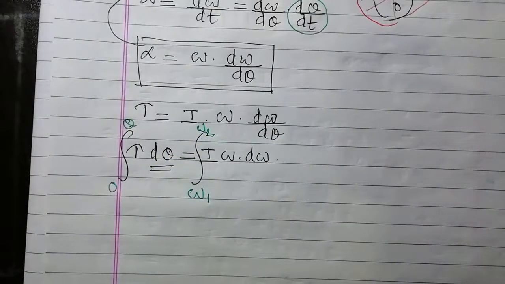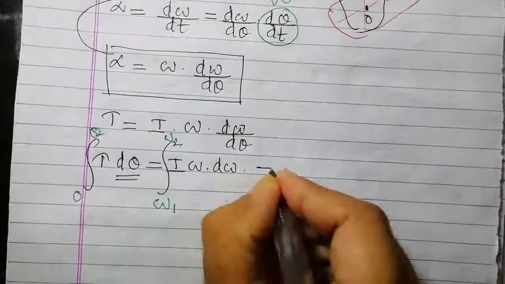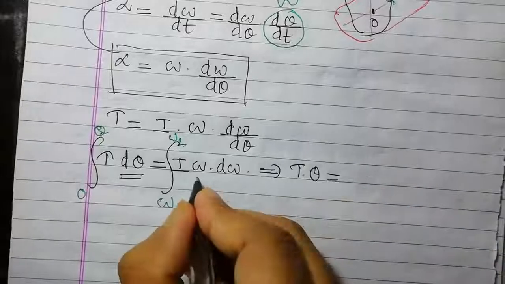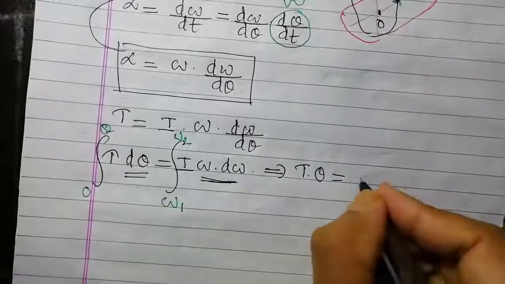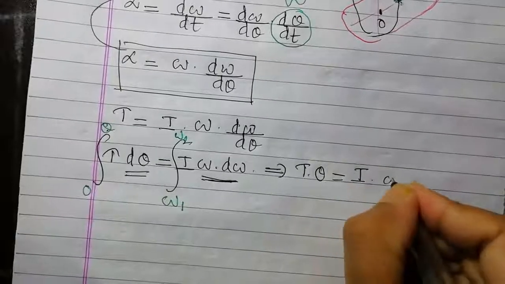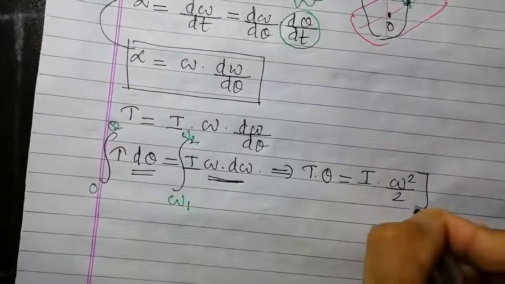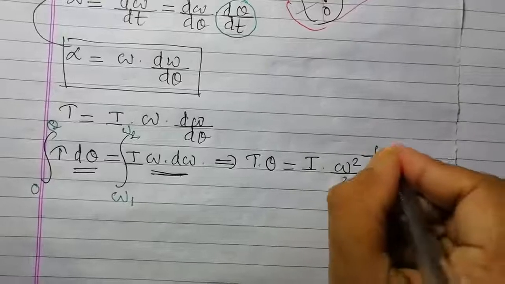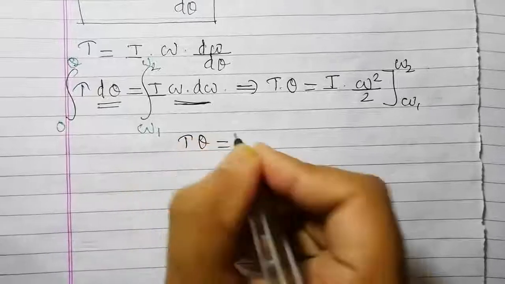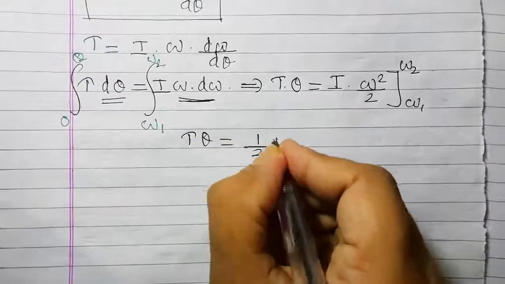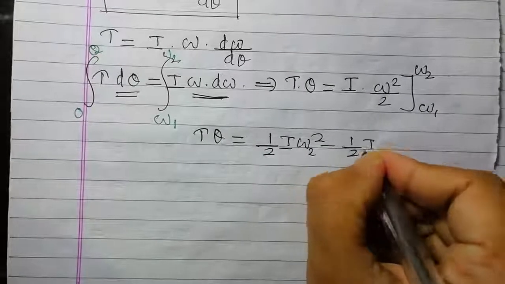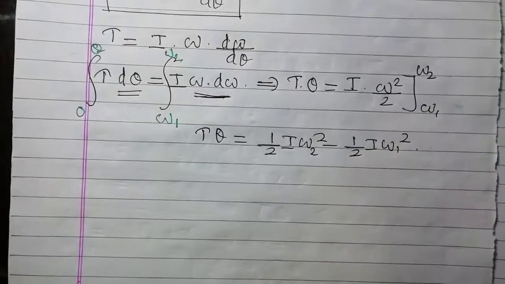Now integrating, T into theta is equal to I times the integral of omega d omega, which is omega square by 2, with limits omega 1 and omega 2. Simplifying, T theta is equal to half I omega 2 square minus half I omega 1 square.